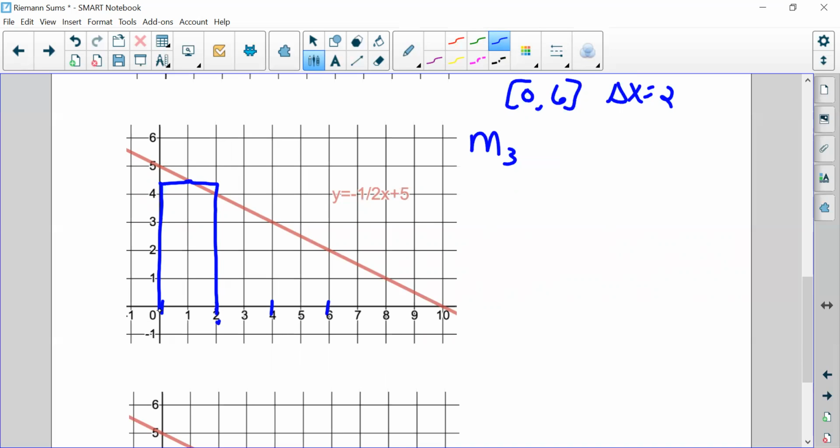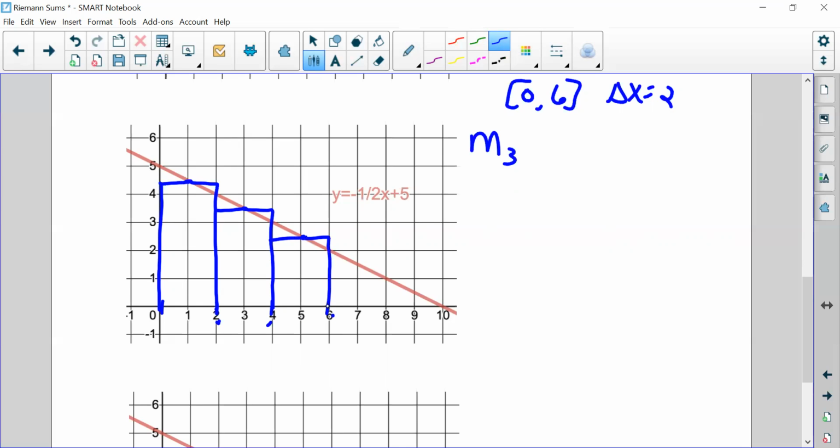What would the height of my second rectangle be? At f of 3. And then my third rectangle, height at f of what? For the last one, the midpoint between 4 and 6, which is f of 5.